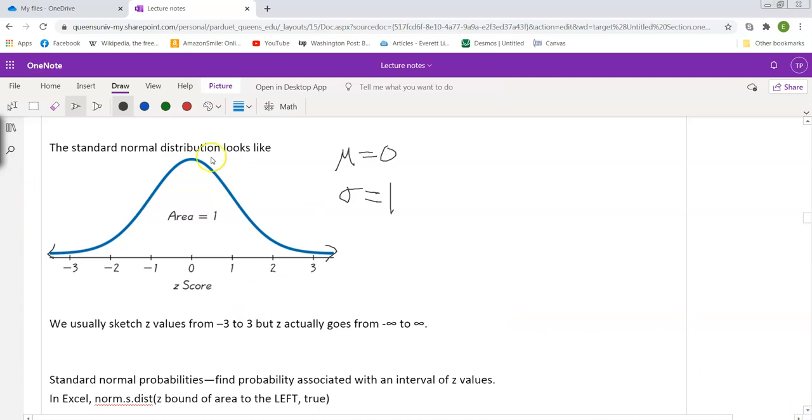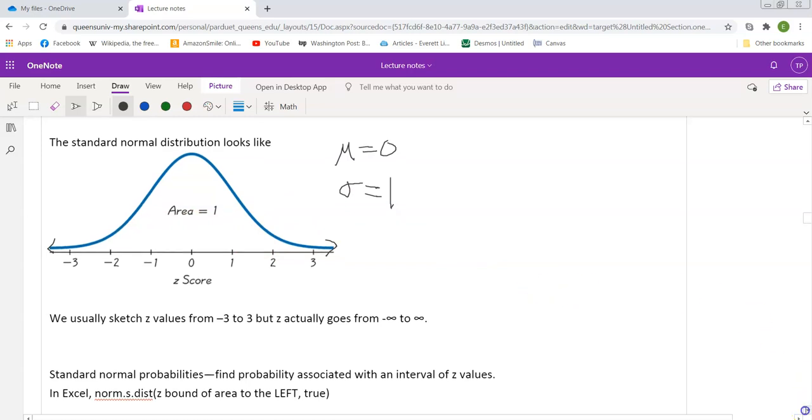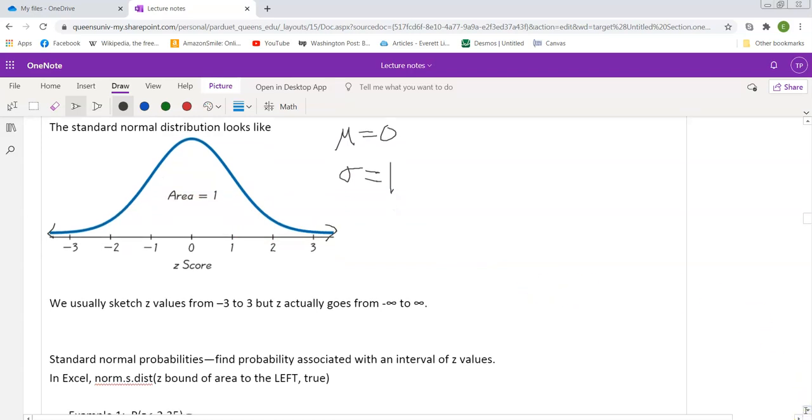So we're going to see this sketch over and over and over again. And we're going to be looking at the proportion of the area under the whole curve that is between, say, 0 and 2, or you name it, any values in there. There is a formula for the normal distribution, and it's in your book.